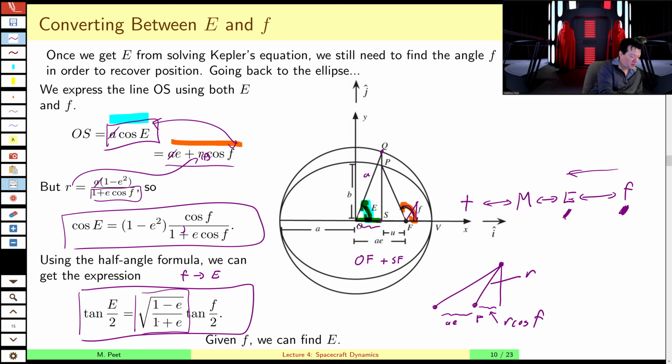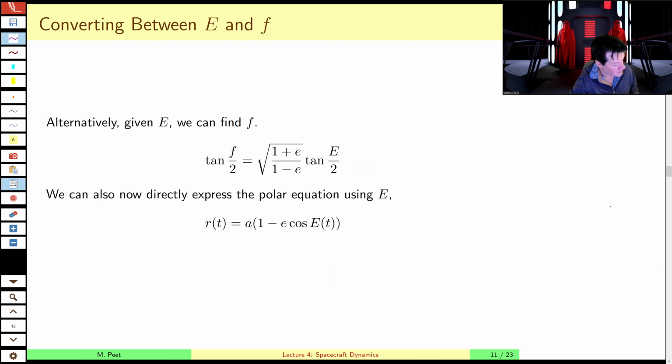We just divide by this coefficient, and we get tangent F over 2 equals square root of (1 plus E over 1 minus E) times tangent of E over 2. And so you could just take the inverse tangent to solve for F in terms of E. So this expression gives us both directions, converting back and forth between E and F.